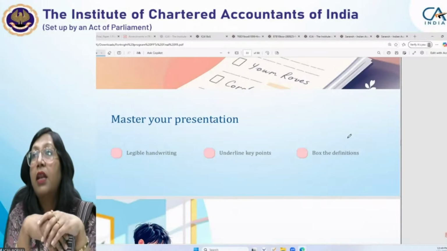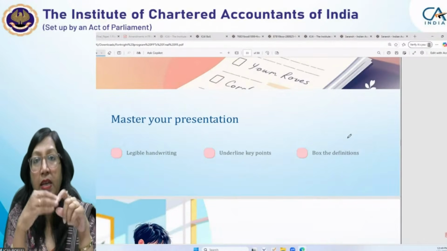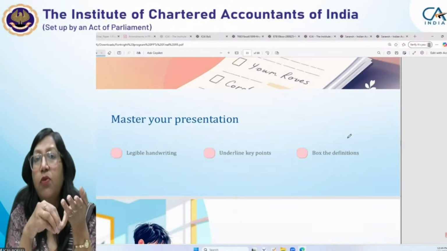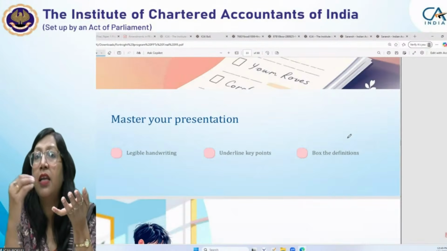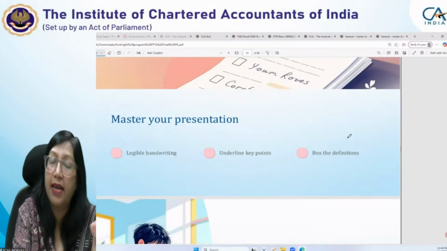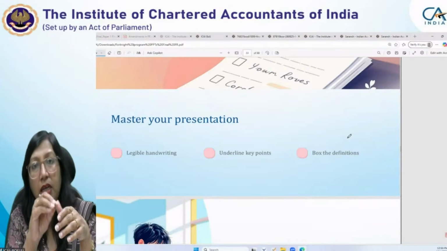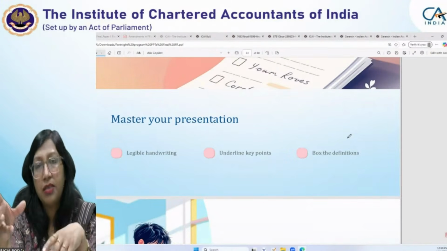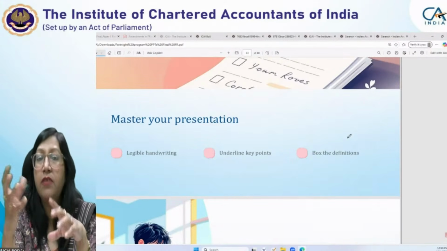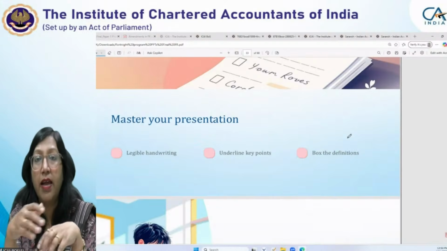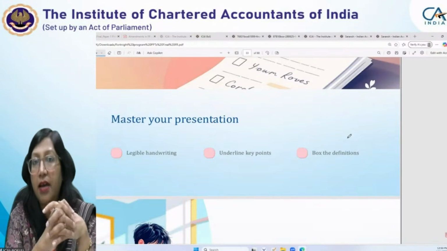Now there was a carve out between Ind AS and IFRS. Even if you rectify the breach, IFRS says it has to be classified as a current liability, because on the reporting date you have breached the covenants and were not able to rectify before approval of the financial statements, so it will be classified as current.